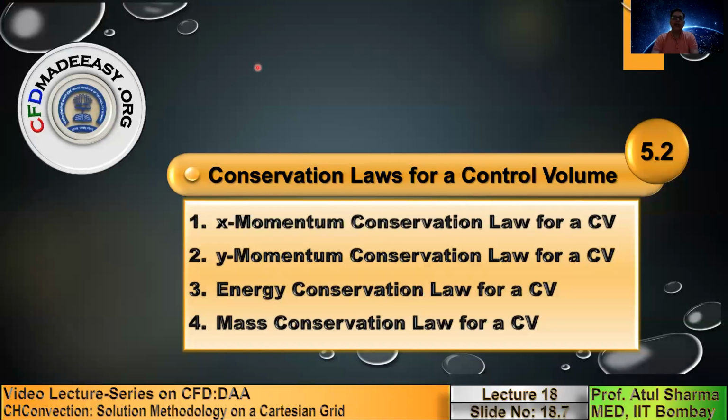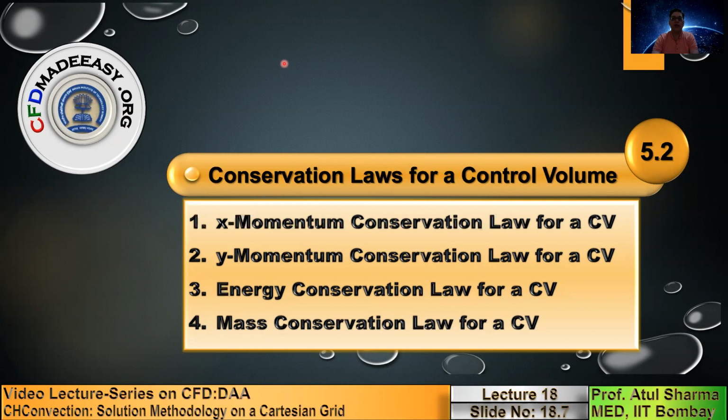After presenting the generalized variable, let us go into the conservation law for a control volume. We'll start with the x momentum conservation law, and then we'll go to the y momentum conservation law for a control volume, energy conservation law, and the mass conservation law. Note that in the previous topic on computational heat conduction, we have considered only the energy conservation law.